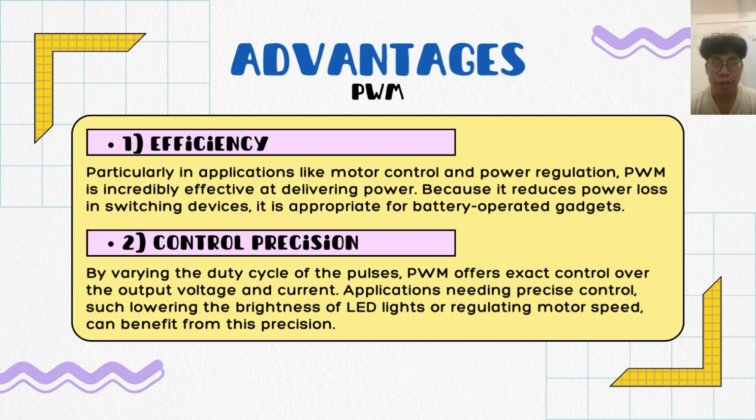Other than that, PWM offers exact control over the output voltage and current. An example of needing precise control is lowering the brightness of LED lights or regulating motor speed.